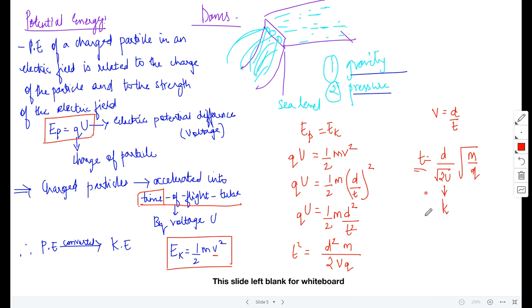So now my value will be t equals k root of mass divided by the charge of the particle. Basically, we will be getting this constant value, the value of k. That is why this is a single term k, which is mass divided by the charge of the particle. Understood till here? The relation between potential energy and kinetic energy, and how we have derived the time factor, the time of flight?